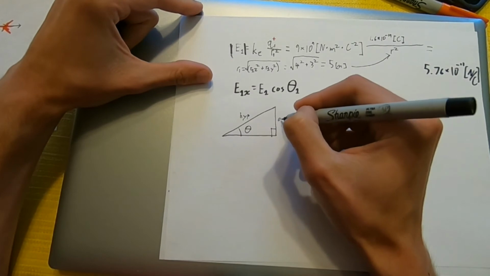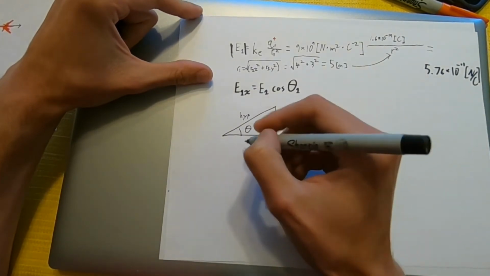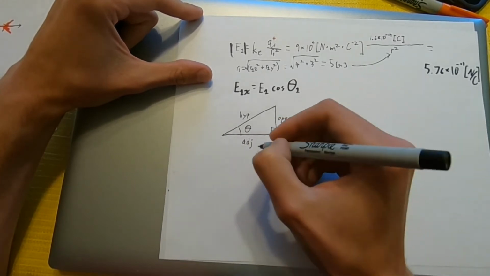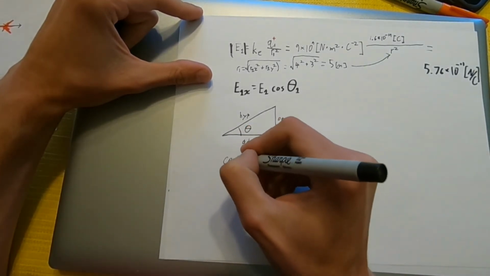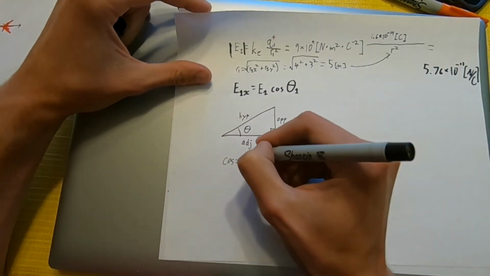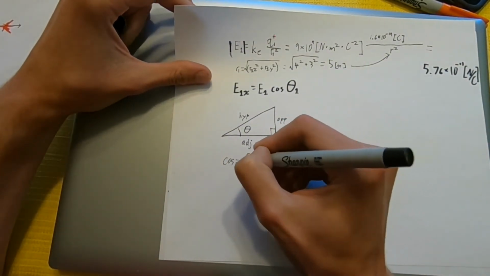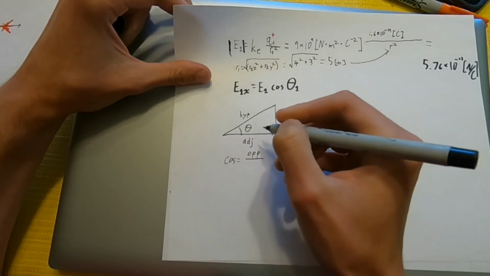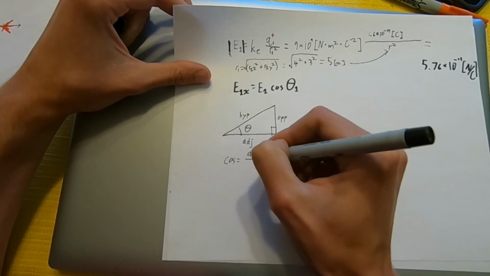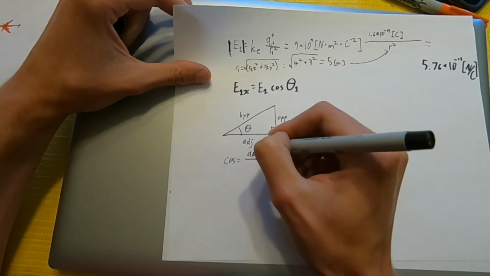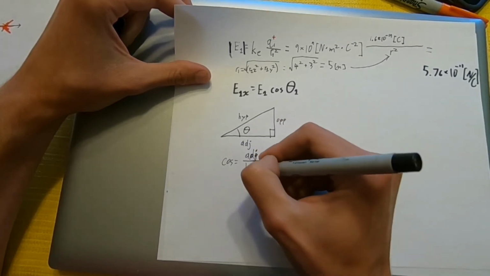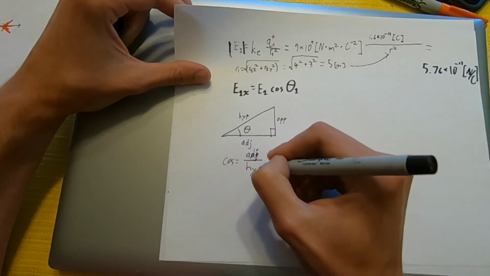So this is our opposite side. This is our adjacent side. And cosine is always going to be equal to our opposite, or adjacent. Sorry, even I get confused, trig. So it's going to be equal to our adjacent length here divided by the hypotenuse.